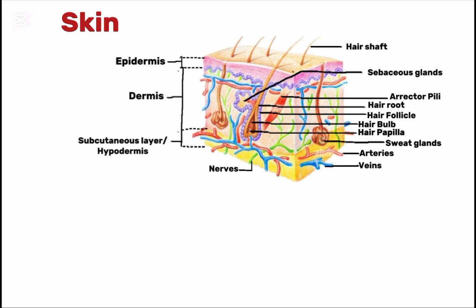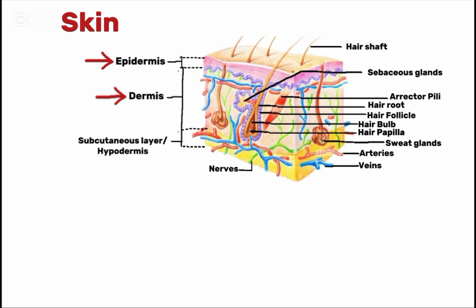Let's summarize this lecture. Skin is the largest organ of the human body. It has two structural layers, the epidermis, that is the most superficial layer and consists of stratified keratinized squamous epithelium. Below the epidermis is the dermis, that is made up of connective tissue and contains elastic and collagen fibers. Structures that are present in the dermis are blood vessels, sensory nerve endings, hair, arrector pili muscles, sebaceous glands, and sweat glands.